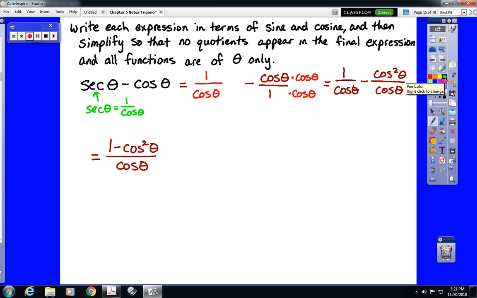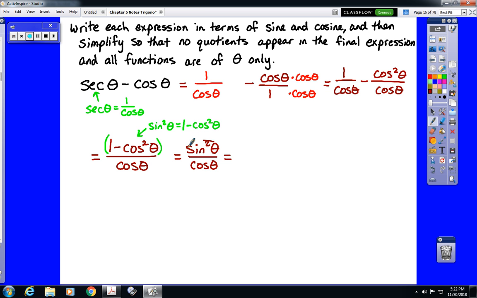Well, 1 minus cosine squared is one of our Pythagorean identities. We did this a minute ago. That's sine squared. So I can replace the top of my fraction with sine squared. Now, other than the fact that we have a quotient, we've managed to get this down to one term, which makes it simpler. But that's an easy fix as well.